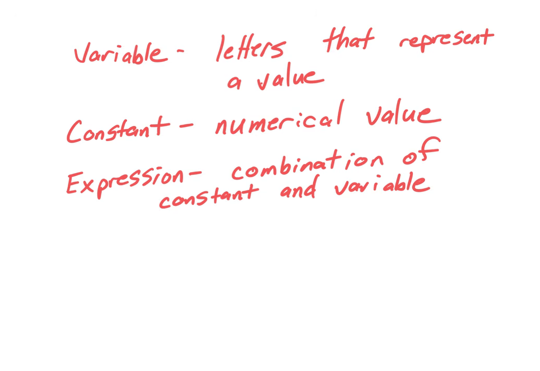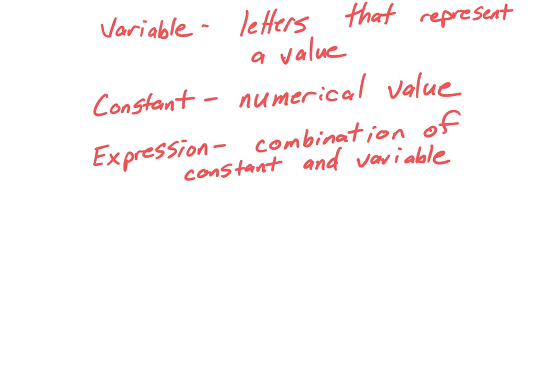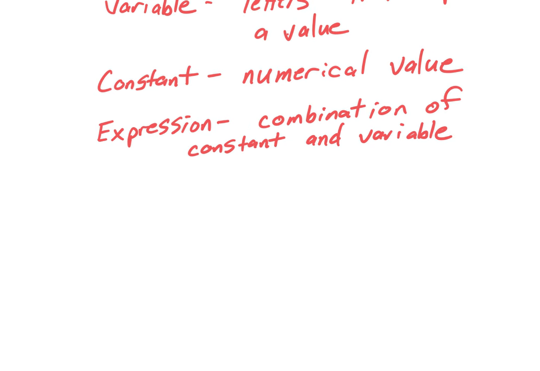Usually with some type of operation included in it, but there wouldn't necessarily have to be an operation, but typically there would be. So here's some examples of expressions. 2y would be an expression. 2 would be my constant. Y would be my variable. In this case, if there's nothing between them, we know we're taking 2 times y. So there's an assumed multiplication there.